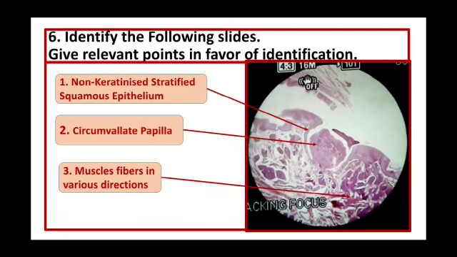So the lining epithelium is non-keratinized stratified squamous epithelium, and here the circumvallate papilla has been focused. You can see a large number of taste buds also seen, and muscles are running in various directions.